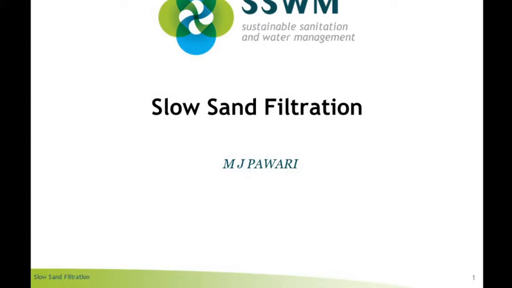We already discussed the slow sand filter and the rapid sand filter. The slow sand filter has different parts, or you can say the composition of the slow sand filter. The first part is the enclosed tank.